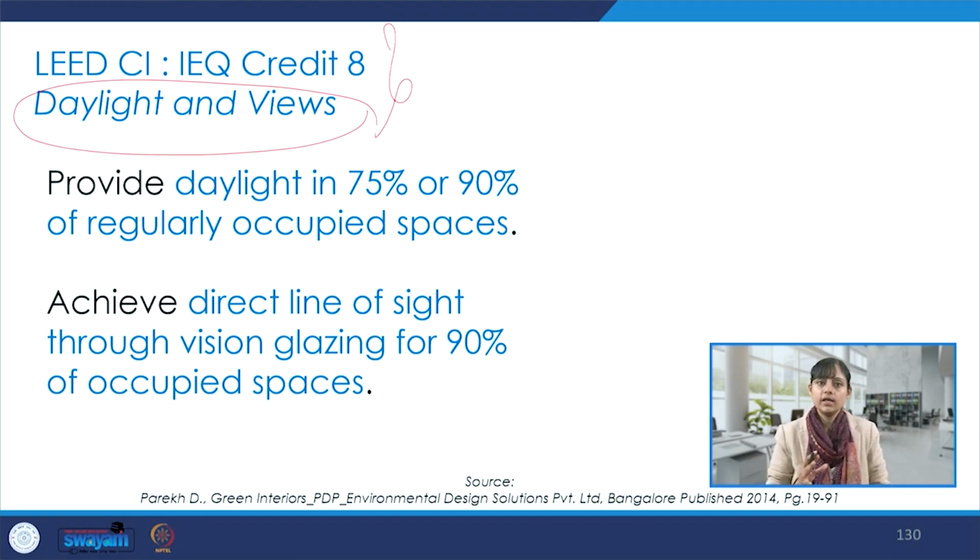So provide daylight in 75% or 90% of regularly occupied spaces. Achieve direct line of sight through vision glazing for 90% of occupied spaces. We will see the vision glazing.